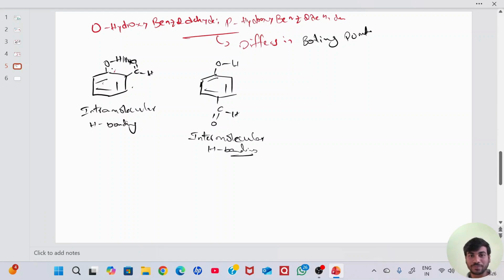Because of this nature, whenever you go with para-hydroxybenzaldehyde, there is a possibility of two molecules binding to each other due to intermolecular hydrogen bonding.